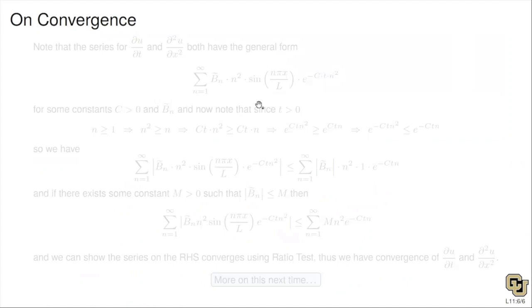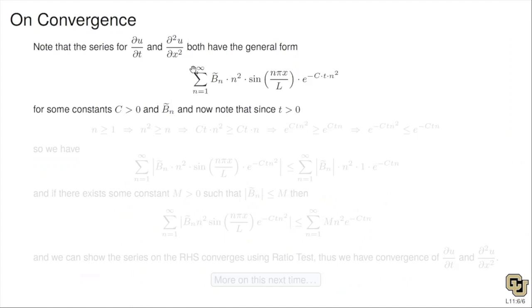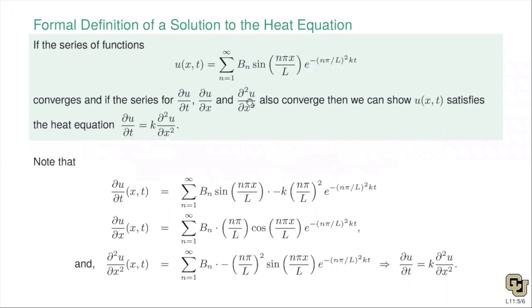So let me talk about the convergence. I didn't talk about convergence yet. So in general, if you look at the partials of u and x, they have this kind of generic form where, maybe we'll go back, you have an exponential part, there's this n squared part, there's a trig function, right?